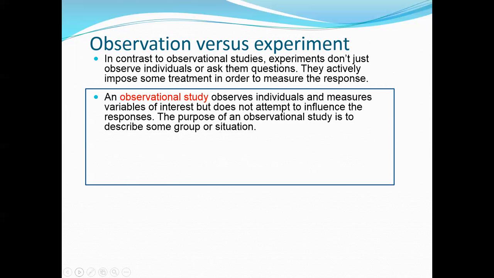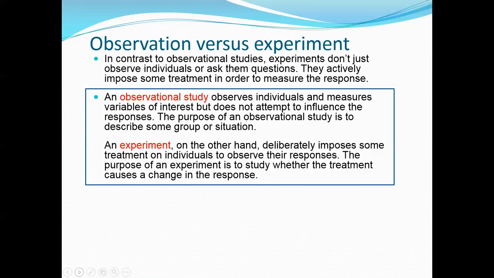The purpose of an observational study is to describe some group or situation. An experiment, on the other hand, deliberately imposes some treatment on individuals to observe their responses. The purpose of an experiment is to study whether the treatment causes a change in the response.